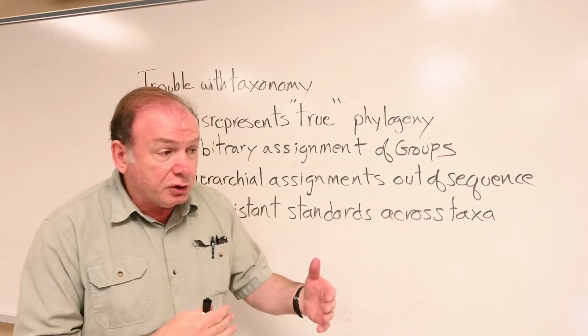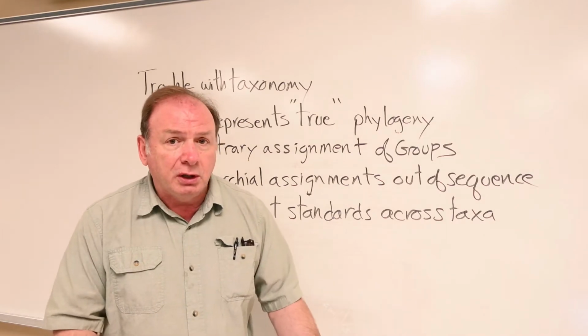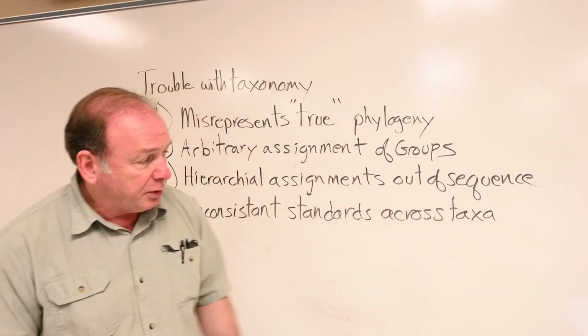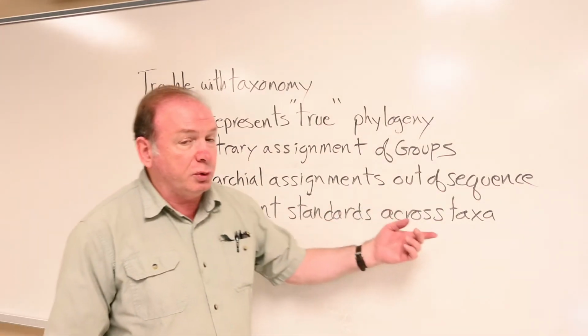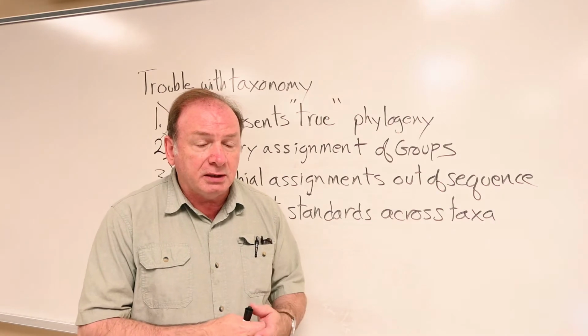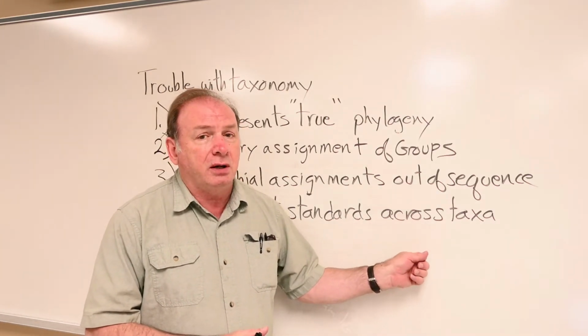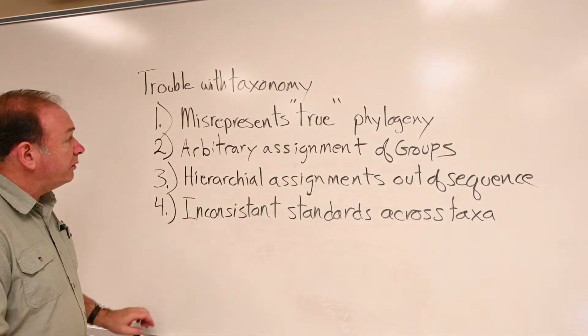The features you use for taxonomy in one taxon of organisms, you can't use that same standard on another group of organisms in the taxonomic scheme. So we are kind of inconsistent from one group to another as to what kinds of anatomical features are going to be vital to the taxonomy of the group. So, inconsistent standards across taxa, number 4.